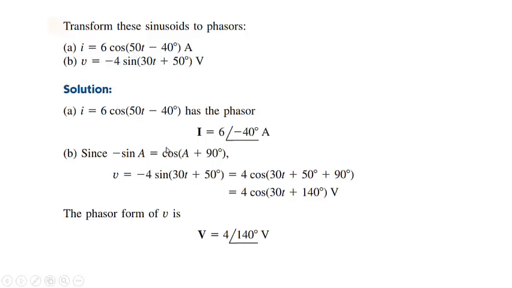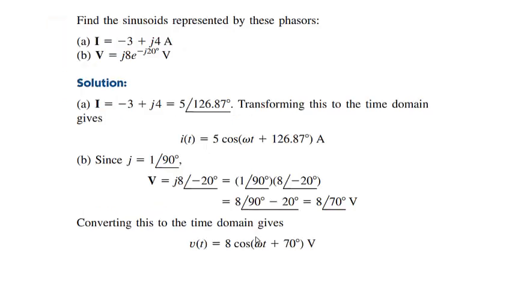But here we have to change: minus sine of A is equal to cos of (A + 90 degrees). That means we have to add 90 degrees. So minus sin(30t + 50) becomes cos(30t + 50 + 90), which is 4 cos(30t + 140 degrees). It is equal to 4 at an angle of 140 degrees. This way you can convert a sinusoid into a phasor.